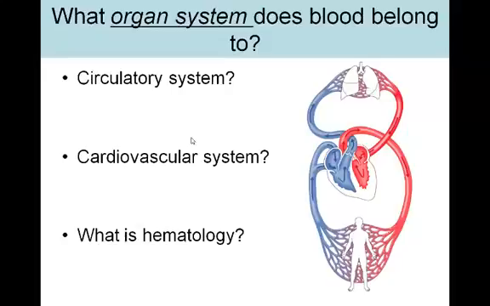The circulatory system is considered to be composed of your heart, your blood vessels, and the blood within your heart and blood vessels. The cardiovascular system, cardio means heart and vascular means vessels. So the cardiovascular system is just your heart and blood vessels, and it does not include the blood within it.